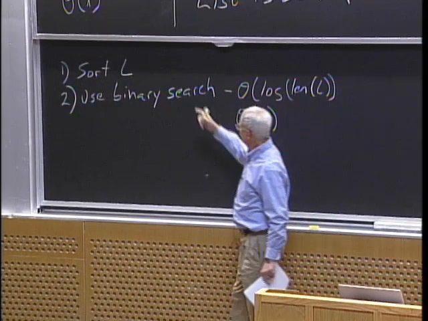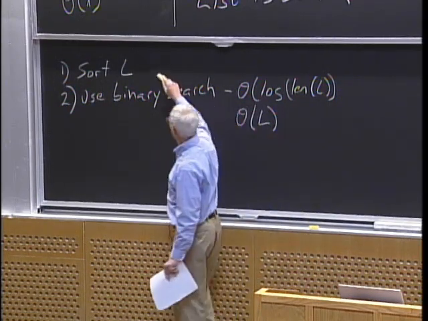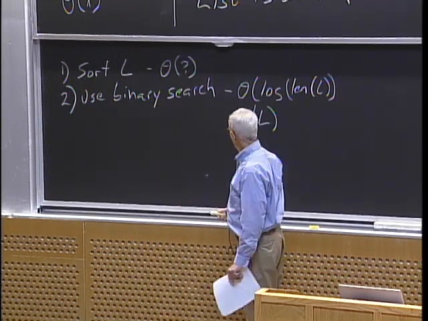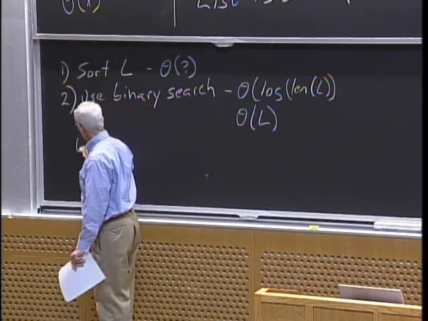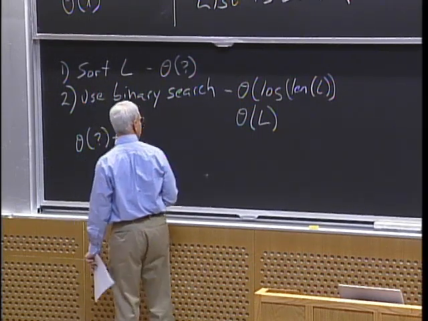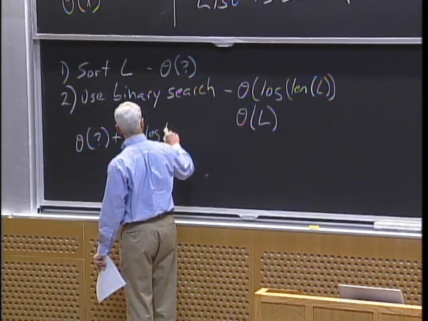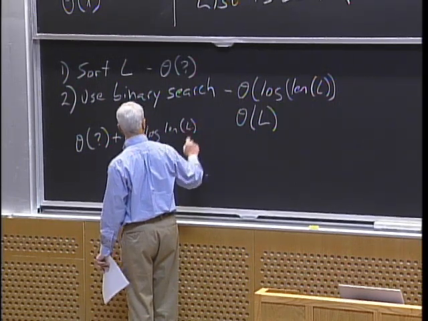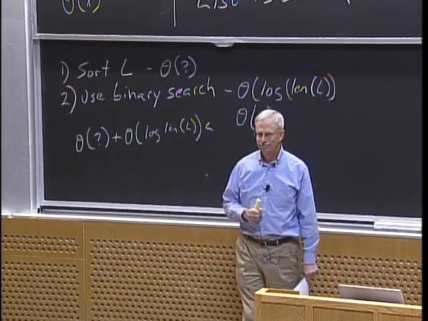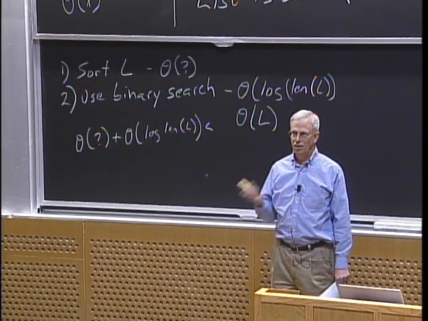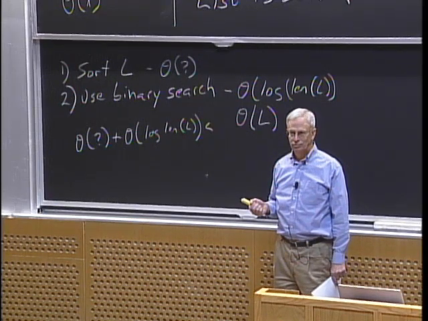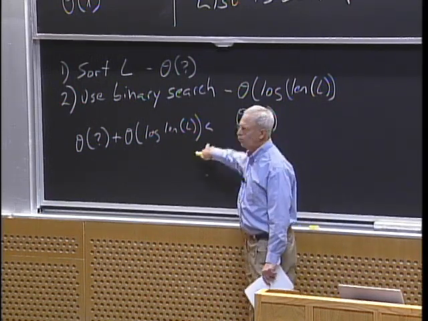So whether or not this makes a good idea depends upon whether we can sort fast enough. So the question is, is order (sort) plus order log len of L less than order L? If it's not, it doesn't make sense to sort it first, right? So what's the answer to this question?